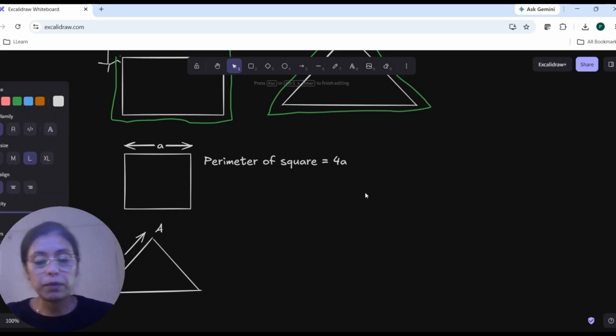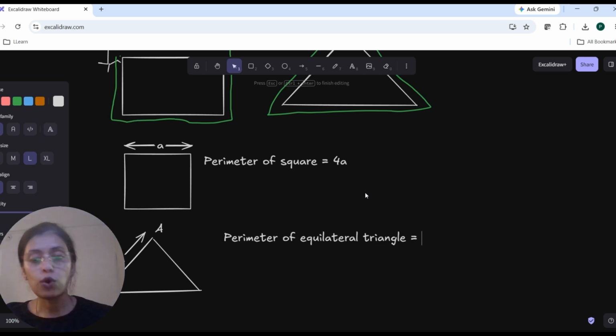So what will be the perimeter of the equilateral triangle? You covered the distance A 3 times, so it will be 3A.